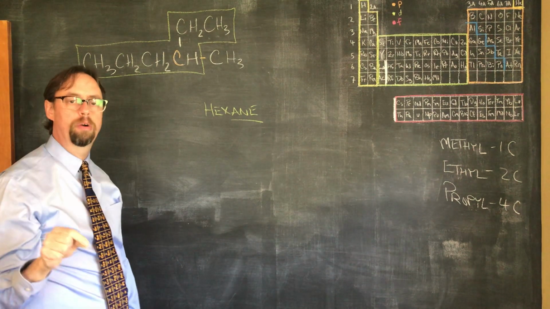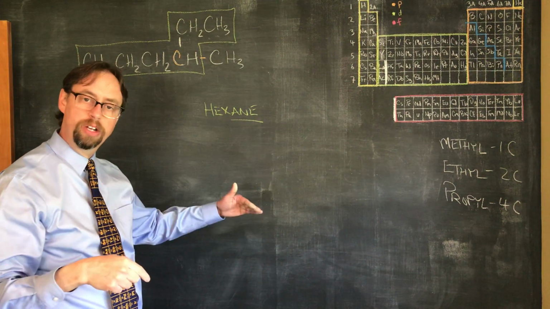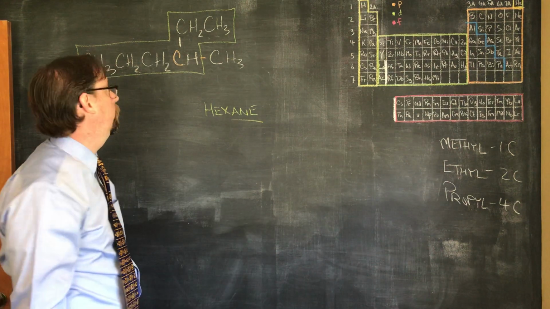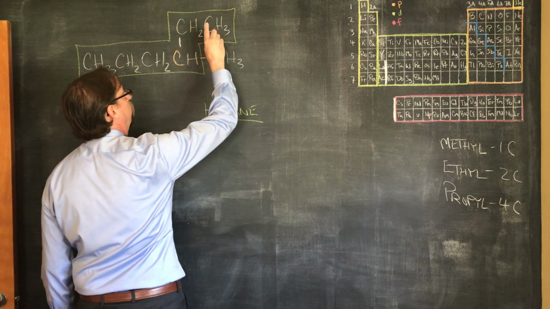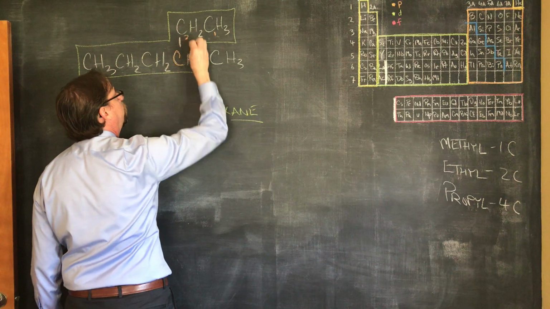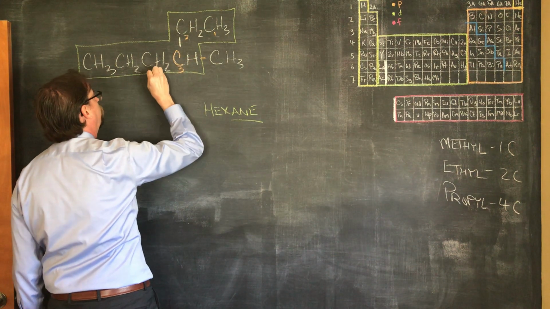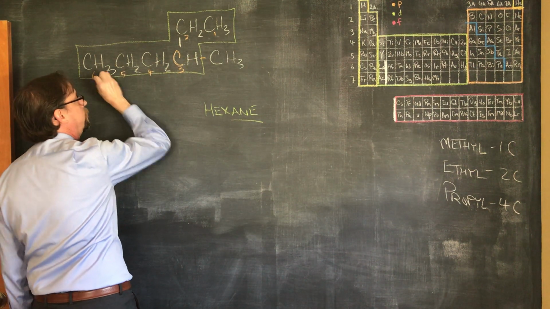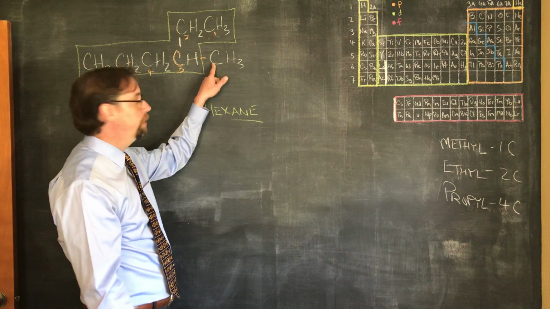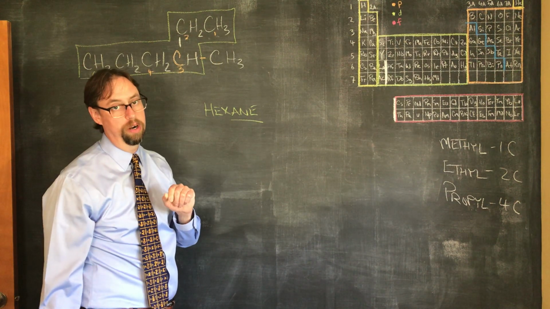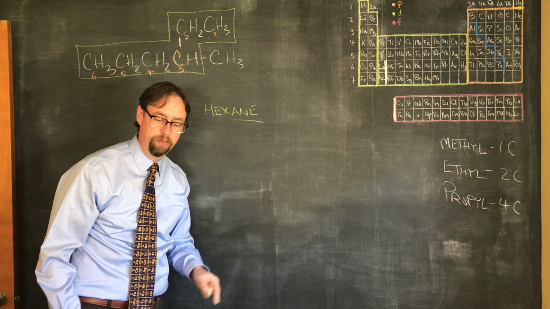We always number from the end that gives us the branch off the lowest number of carbons. So, if we go this way, we've got number 1, number 2, number 3, number 4, number 5, number 6. Notice that puts the branch off the 3rd carbon. So we're going to number it that way, okay?